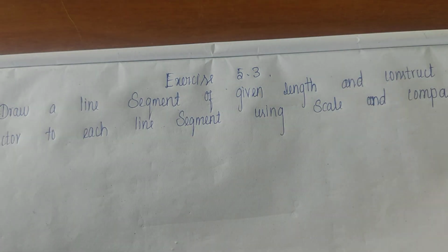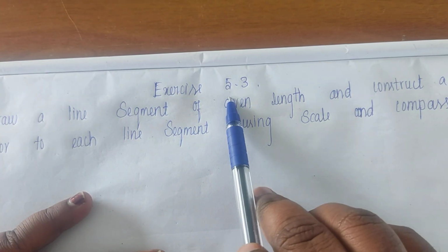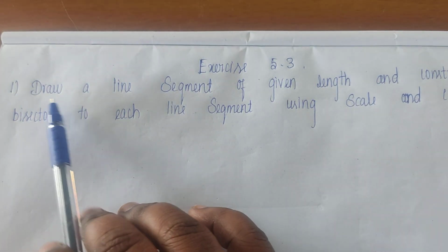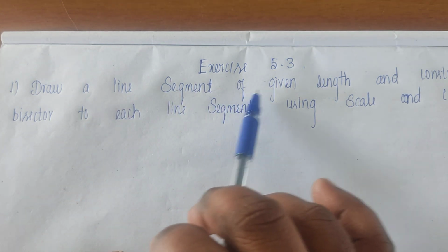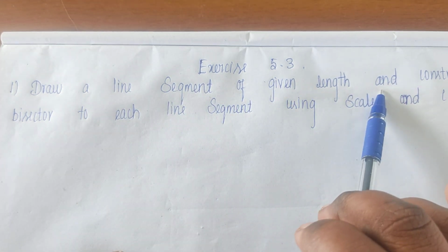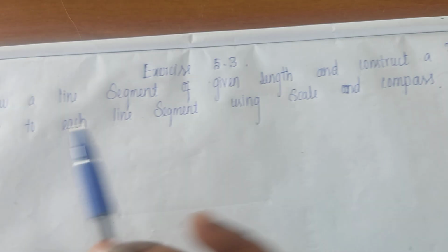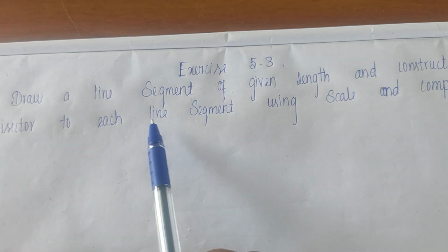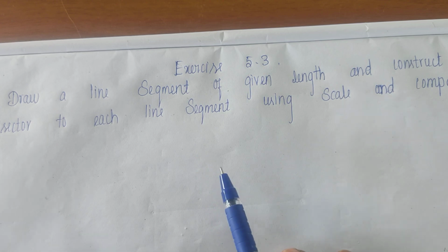Next we are going to exercise 5.3. The first problem: draw a line segment of given length and construct a perpendicular bisector to each line segment using scale and compass.